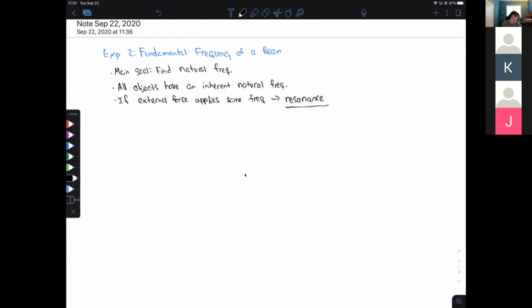Okay, and then for us, we're going to use our external forcing frequency. From our motor, that's going to be equal to our rotational speed. The motor is going to have readings in RPM, and we're going to have to convert that to, I think we're doing hertz for this experiment.